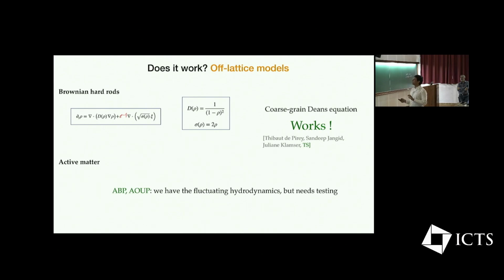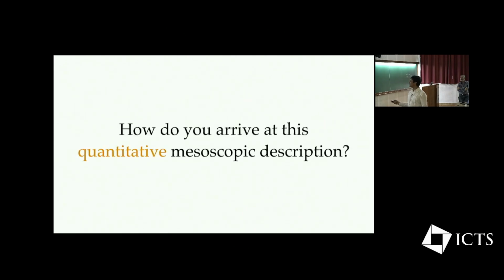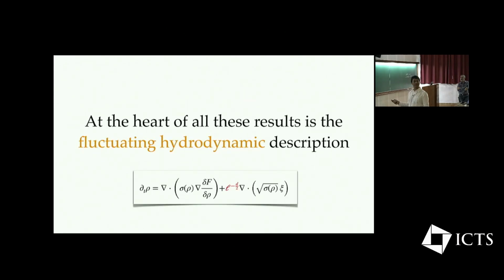All the information about the interaction just goes into the pressure part. So you will write down the fluctuating hydrodynamics, and we would recover this equation for the passive case. And the information about interaction went into renormalizing your effective diffusivity, which goes into this function.